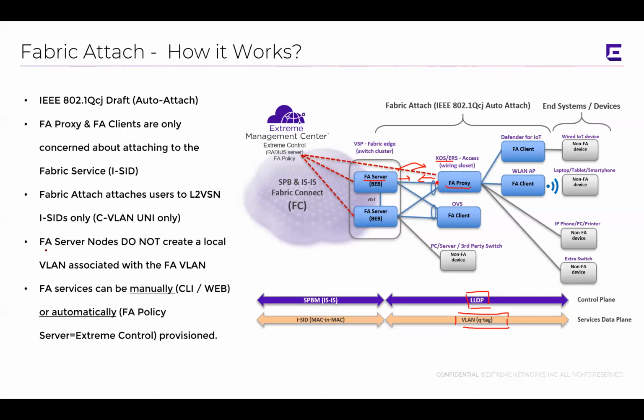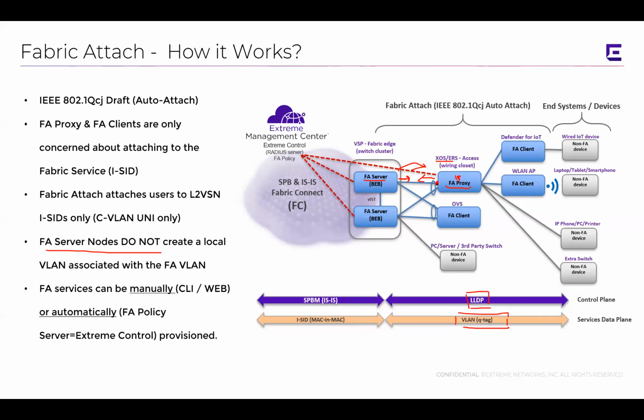One important thing to highlight is that on the Fabric Attach server nodes, we don't need to create any local VLANs for the Fabric Attach VLAN. So no platform VLANs are created. It's just automatically Q-tagged for this port. And then the Fabric Attach proxy switch, I mean the access switch, can automatically take its IP address from that management VLAN and is ready to be onboarded.